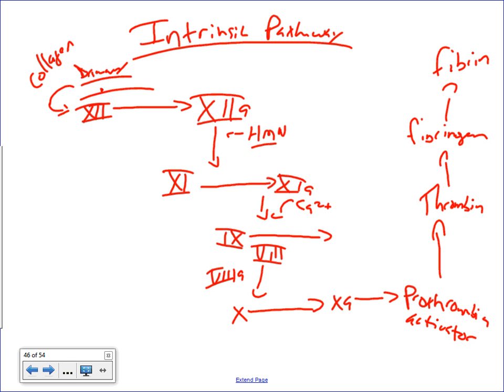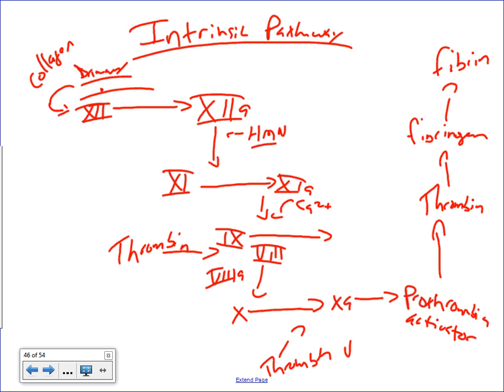Now, thrombin that is already being produced can also enhance the step with clotting factor number 8. Also, once clotting factor 10 is activated, thrombin can enhance this process as well through the activation of clotting factor number 5.